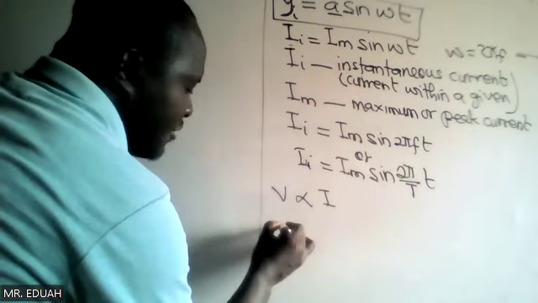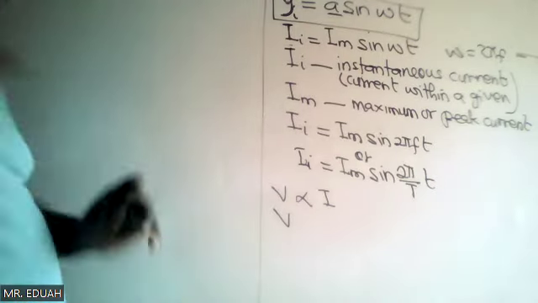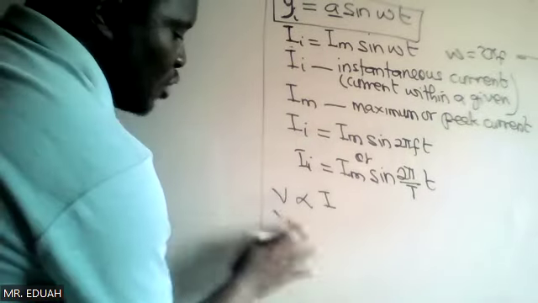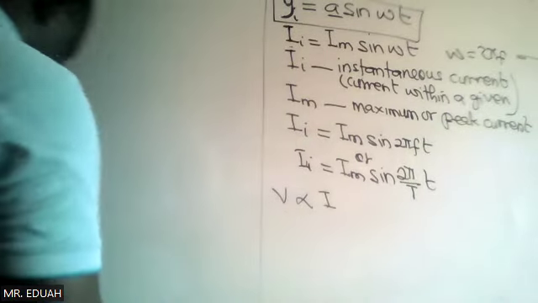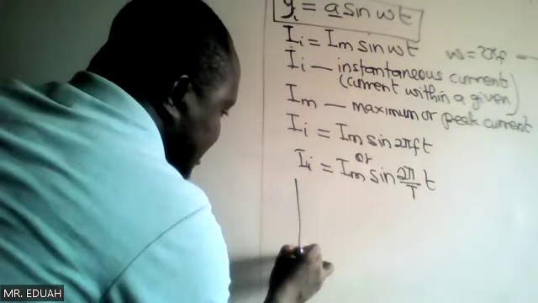So we equally have V and its nature is also harmonic. So we represent alternating voltage as sinusoidal, harmonic, a sine function, just as we represented current.